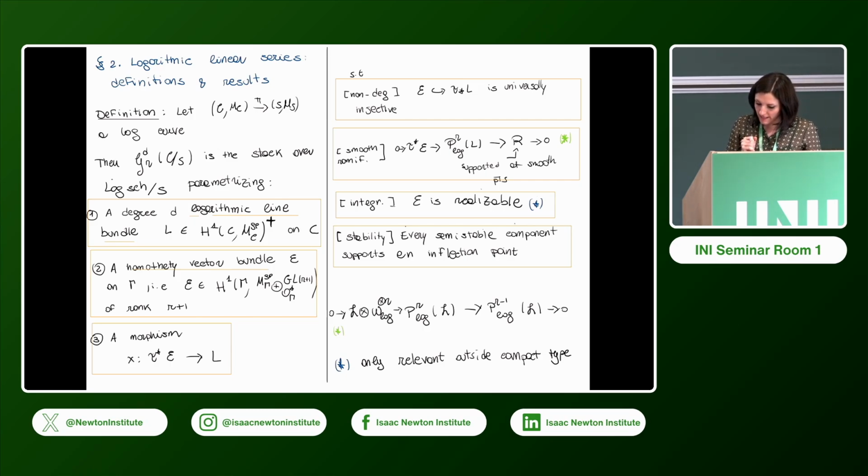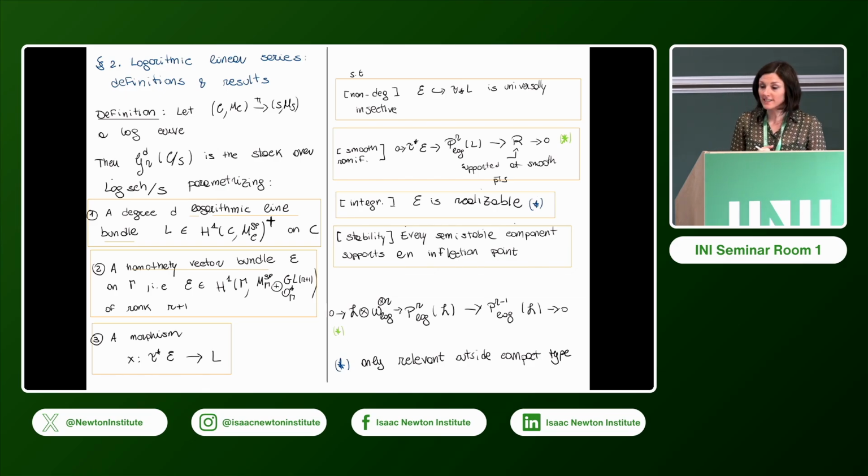We want that the ramification of our linear series is only supported at smooth points. So I'll say later what this condition for the vector bundle means, and then we ask some stability condition for our ramification. Namely, we ask that every semi-stable component supports at least an inflection point.